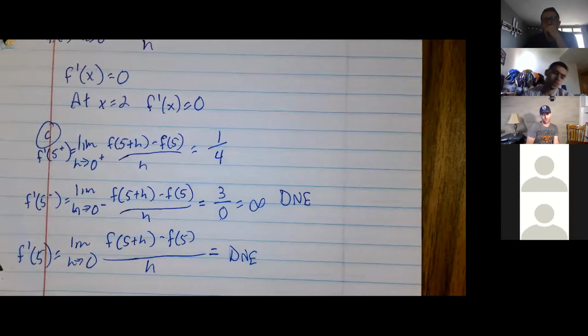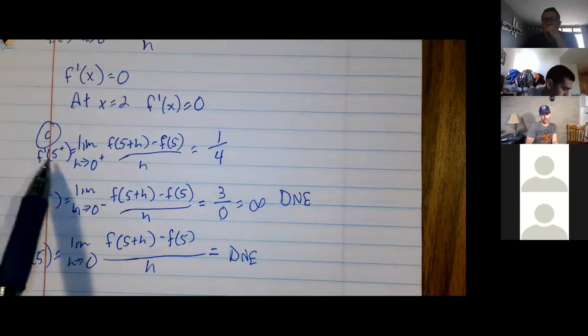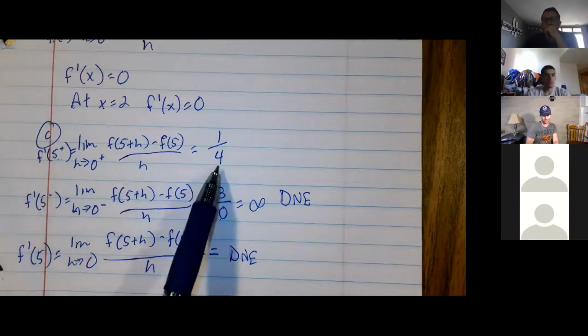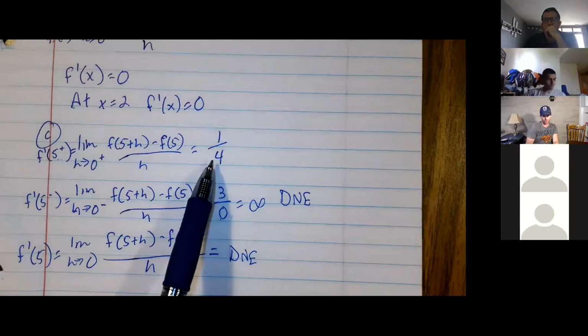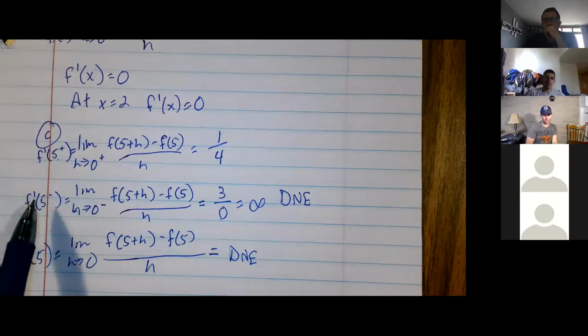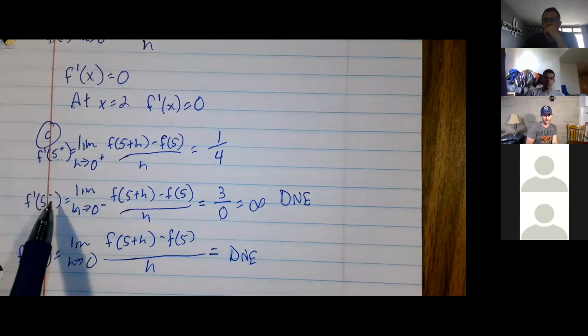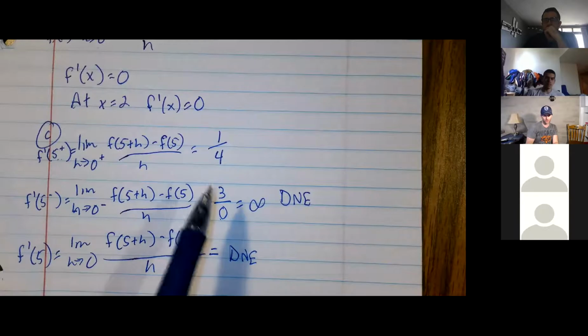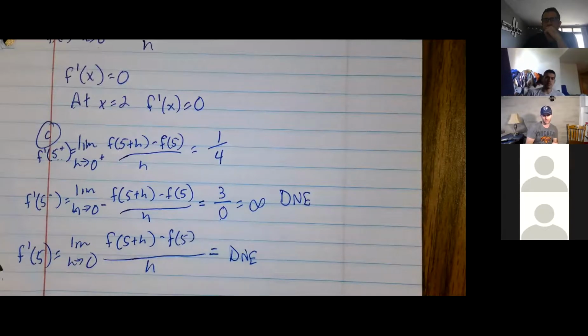Well, okay, so f prime of 5 from the right does exist. It's 1/4. But yes, the function is not differentiable at that point, meaning the derivative from the left and the derivative from the right are either not the same, or one doesn't exist, or something like that. But the right hand and left hand limits could exist.